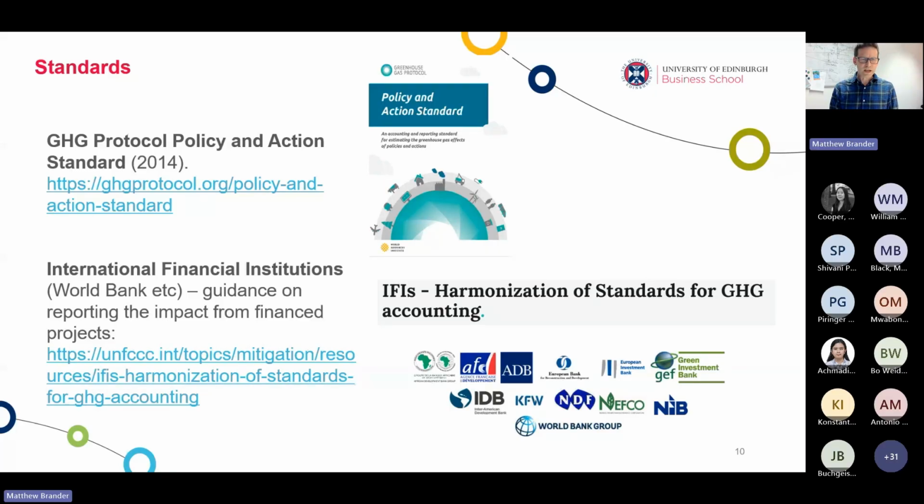And a final thing I wanted to mention on standardization is that there is a grouping of international development banks and other international financial institutions who have published quite a large amount of guidance on how to implement this type of method as well. It goes under the title of Harmonized Standards for GHG Accounting.